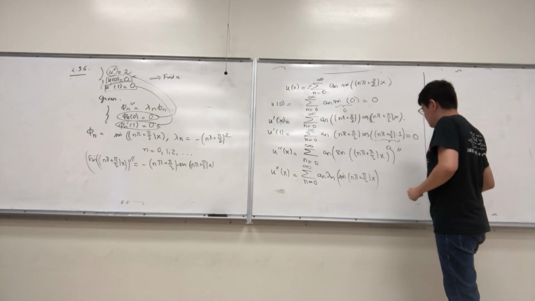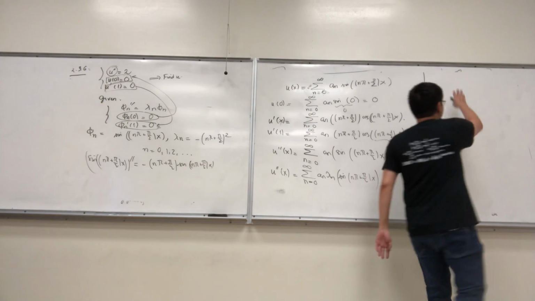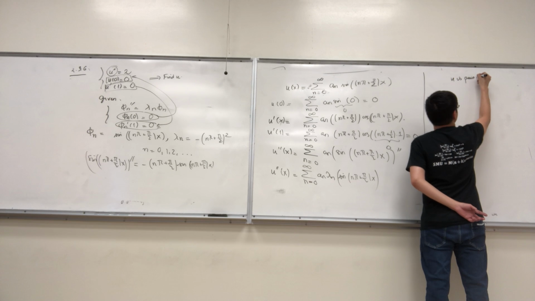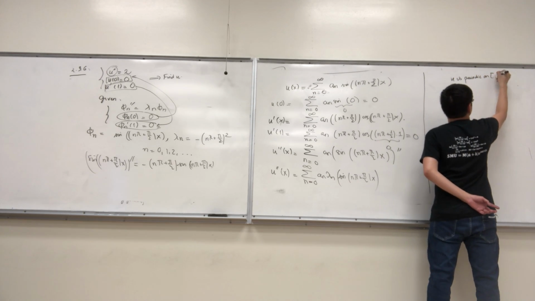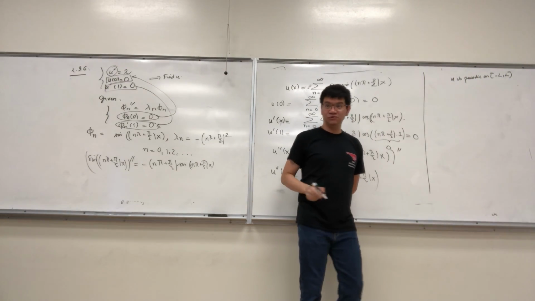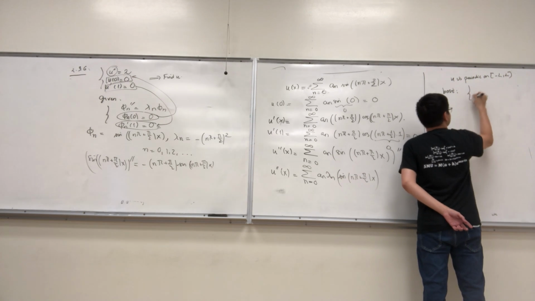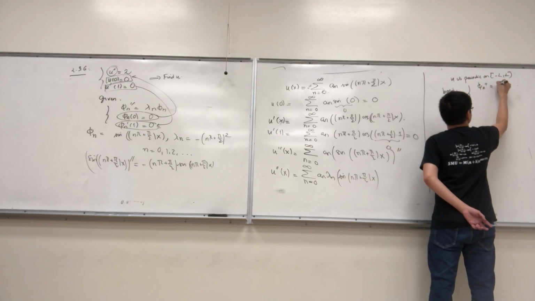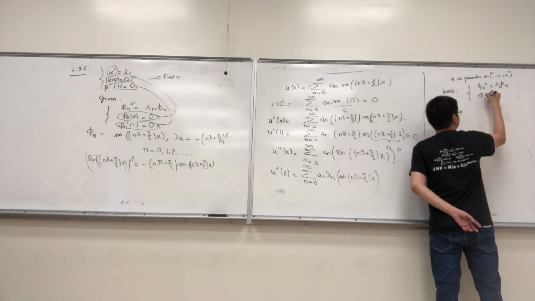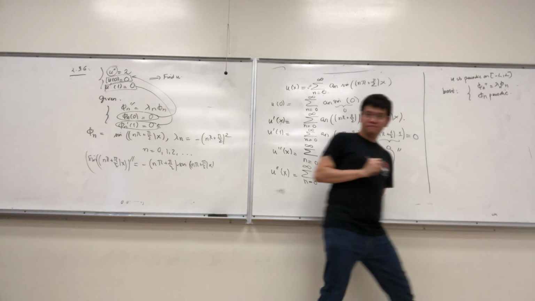So let me summarize. Before I try to solve this problem, let me summarize the following things for you. Right? So if u is periodic on minus L to L, the basis that we need to use satisfies phi n second is lambda n phi n, and phi n is periodic, right?